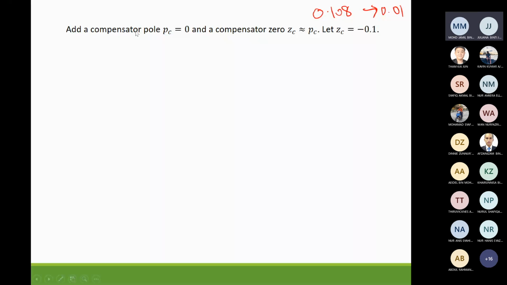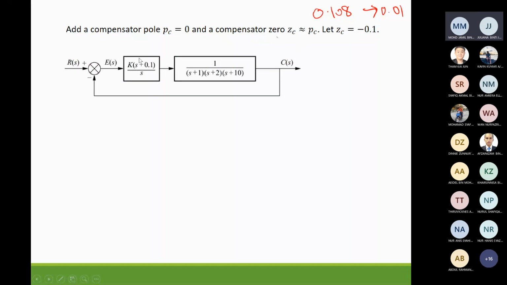Here in this example, add a compensator pole at 0 and a compensator zero ZC to be somewhere near PC, okay? So here ZC is chosen as negative 0.1. So this is the compensator.